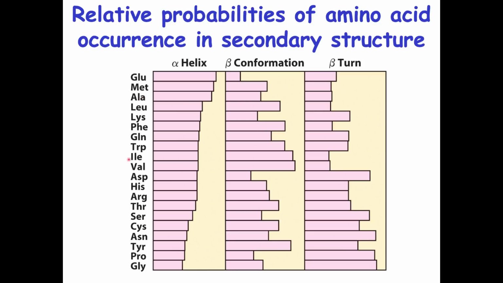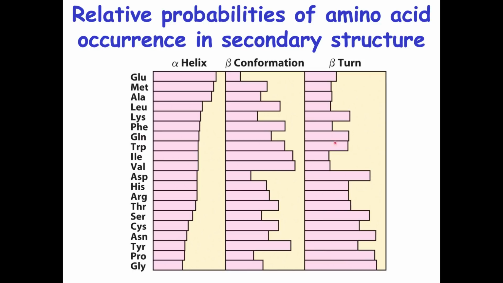So this, again, is just to give you, just for your knowledge. I don't expect you to memorize anything. But there are different probabilities of amino acids' occurrence in secondary structure. If we look at prolines, they're not very abundant in alpha helices or beta conformations, but they're present in a lot of turns, as is glycine.